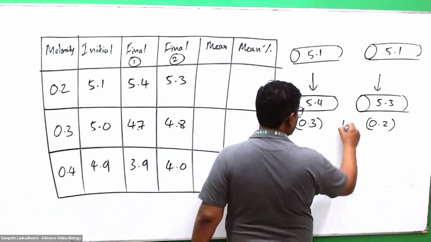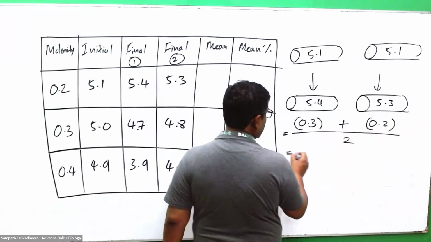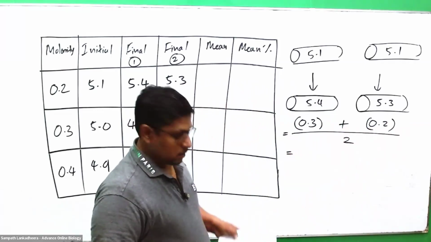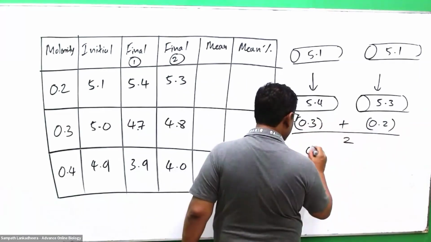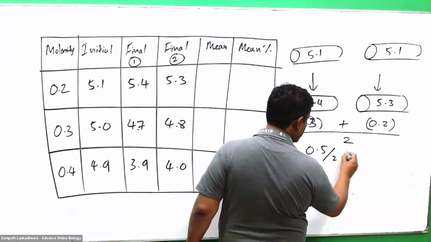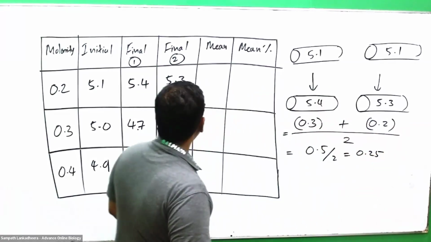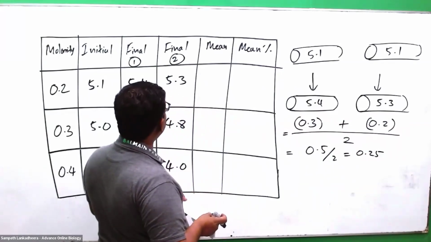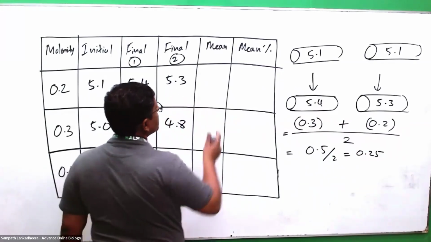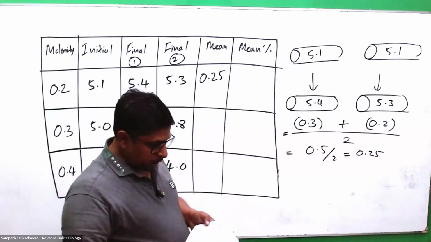Add these two and divide by 2. These two add up to 0.5, and 0.5 divided by 2 gives 0.25. So the mean change in length is 0.25.